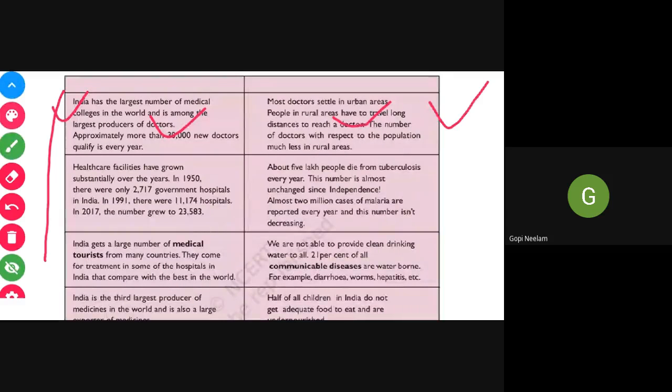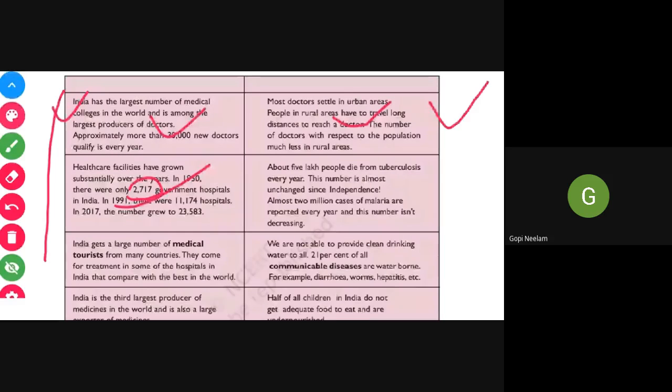Over the years the number of hospitals has increased. In 1950, only 2,717 government hospitals existed, but now in 2017, it is around 23,000 plus. There is a rapid growth in the number of hospitals.